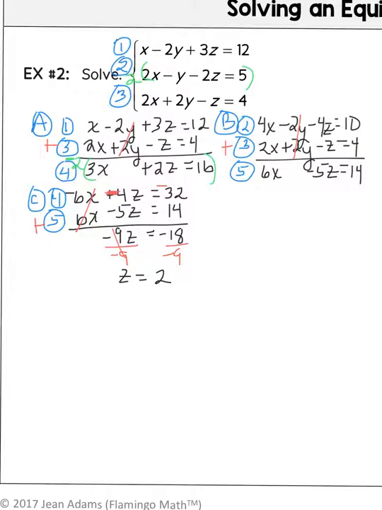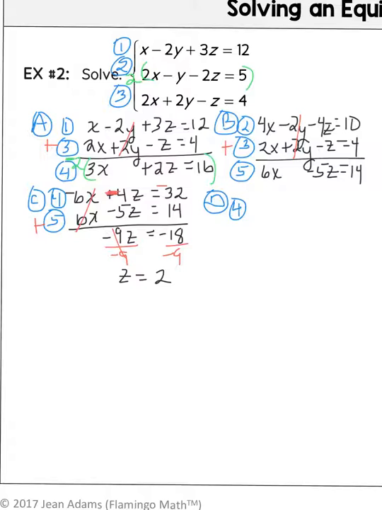So now we have one of our values, so we're going to plug that positive 2 in for z, either in this equation here or in this equation here. This one doesn't have any negatives, so I'm going to choose to plug it into equation 4.